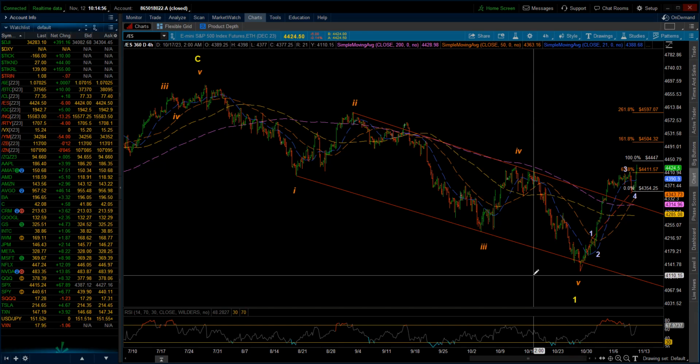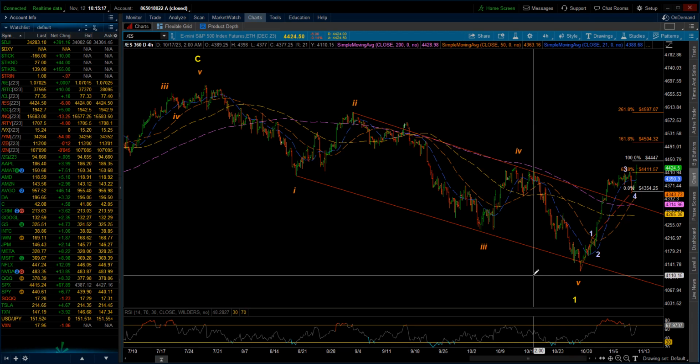We get another little push higher. Above the 100%, what comes next? 1.618, and it still could be within this A wave. That is 45.04.